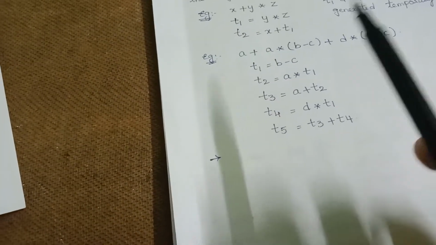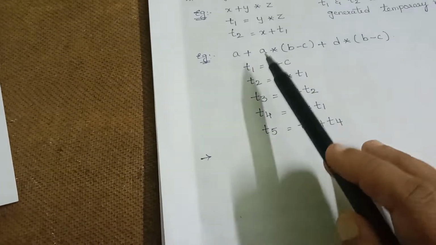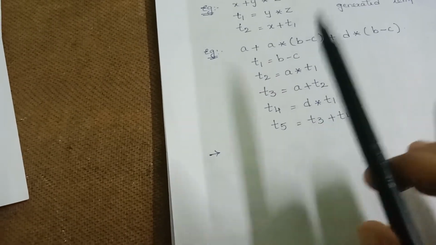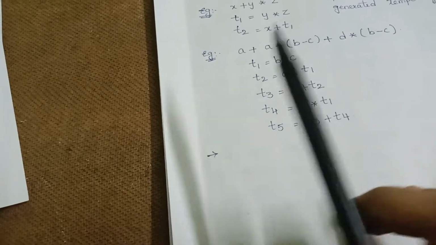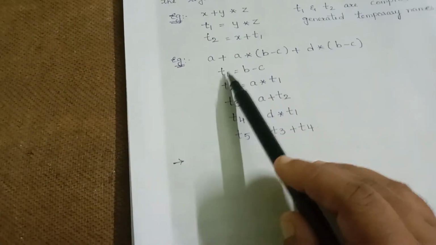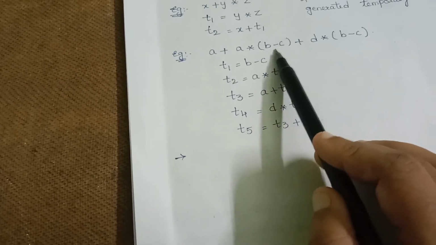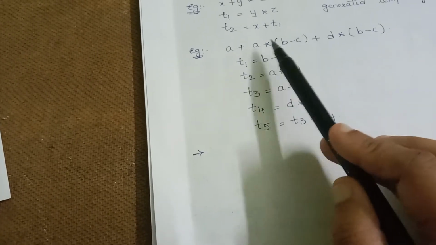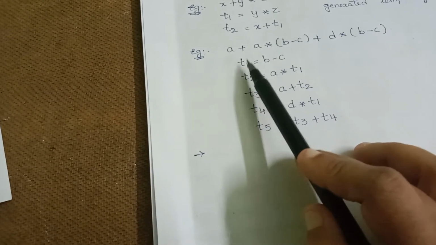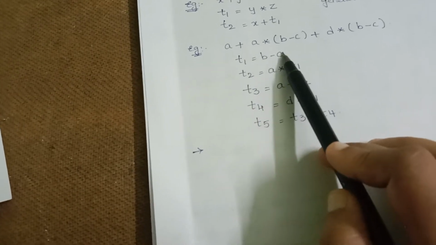Here we can consider an assignment operator and a binary operator, and on the right hand side we need to have one operator. First consider B minus C within the braces. B minus C is assigned to a temporary value T1. So T1 is equal to B minus C.